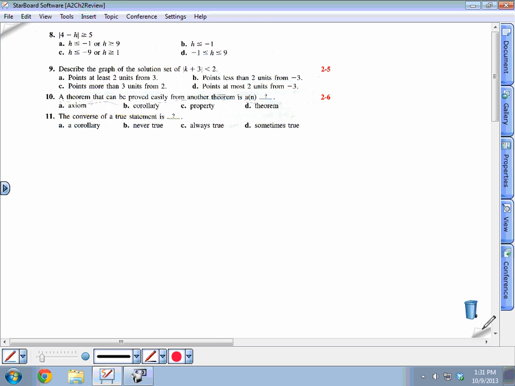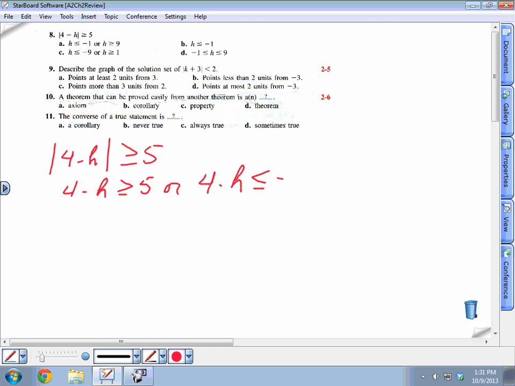Okay, number 8. The absolute value of 4 minus h greater than or equal to 5. Okay, this means that 4 minus h is greater than or equal to 5, or 4 minus h is less than or equal to negative 5.